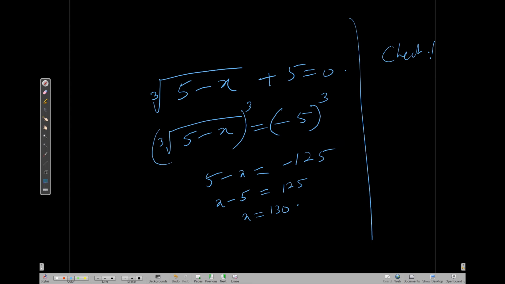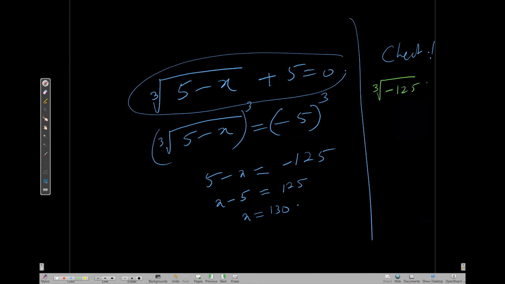So when I put x equals 130, 5 minus 130, so negative 125, plus 5 equals 0. Is that true? Let's see. So this right here, negative 125 to the 1/3 power. Now, even roots of negative numbers do not exist.